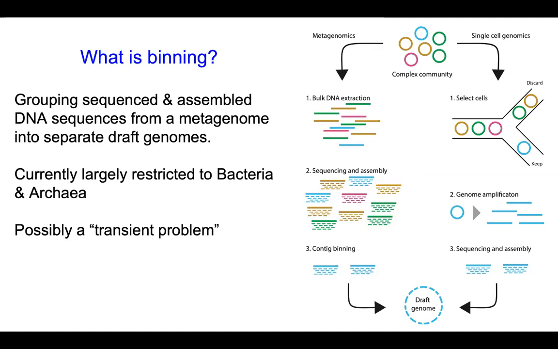And if the entire genetic potential of an organism is covered in a single contig, it is already binned. There's no more necessity to bin it. By the time we reach that, eukaryotic binning will also be a much more prevalent thing. And that will open up a whole new world of studying eukaryotes in the same way that it's done for bacteria.